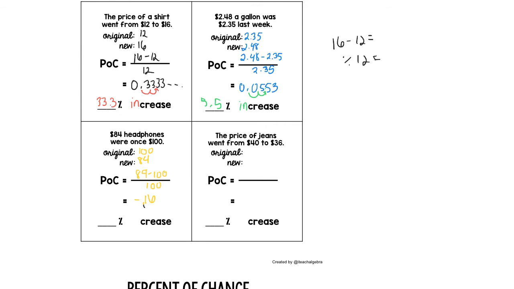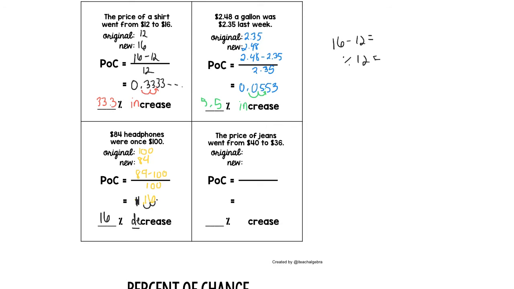We move the decimal point 2 places to the right. Now, this is negative, so that means we've seen a percent decrease. It does not mean that we include the negative in our percent change. Now that we've said decrease, the negative doesn't matter anymore, and it's just a 16% decrease.